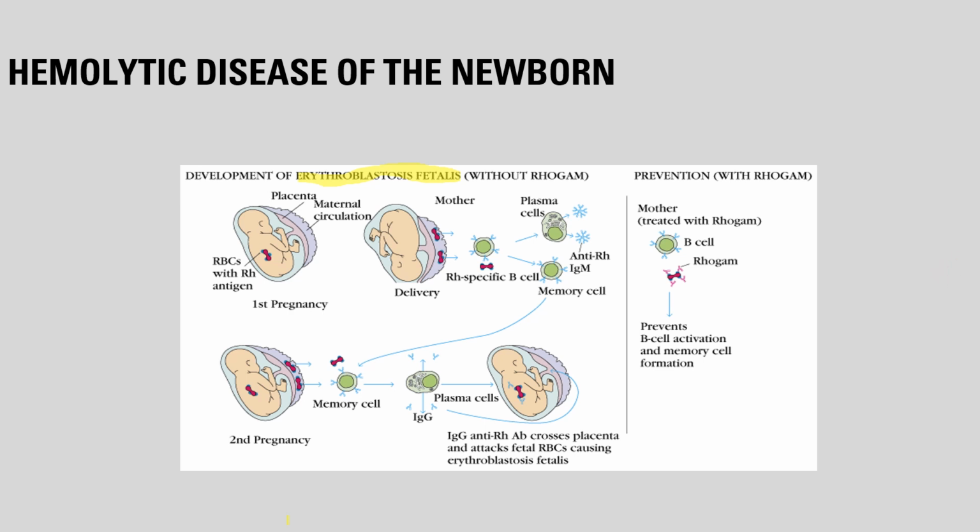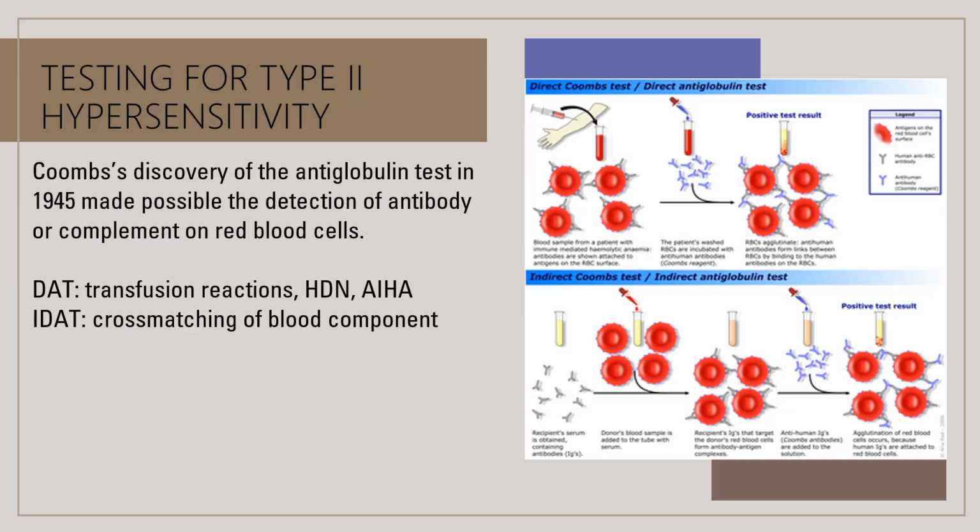So that is a type 2 hypersensitivity reaction when the antigen is bound to the cell and the antibody will bind to that antigen found on a cell surface and elicit an immune response. That is your type 2 hypersensitivity. So a way of testing hypersensitivity reaction type 2 is Coombs test.